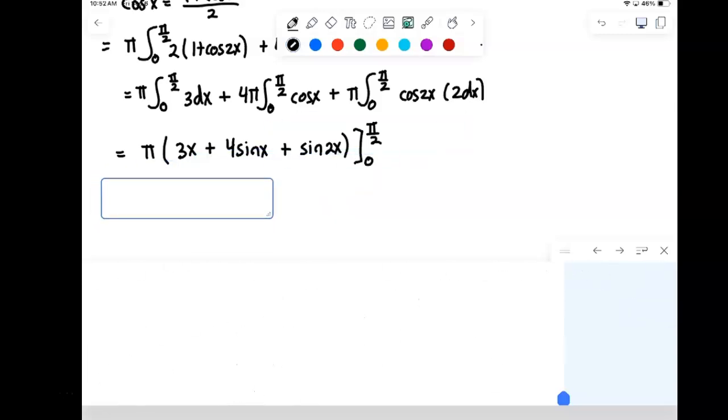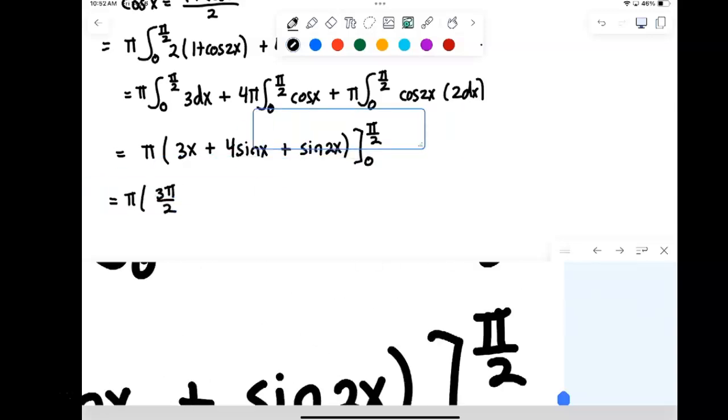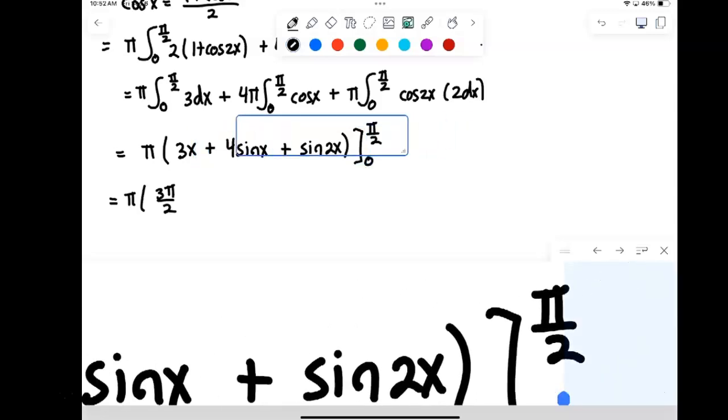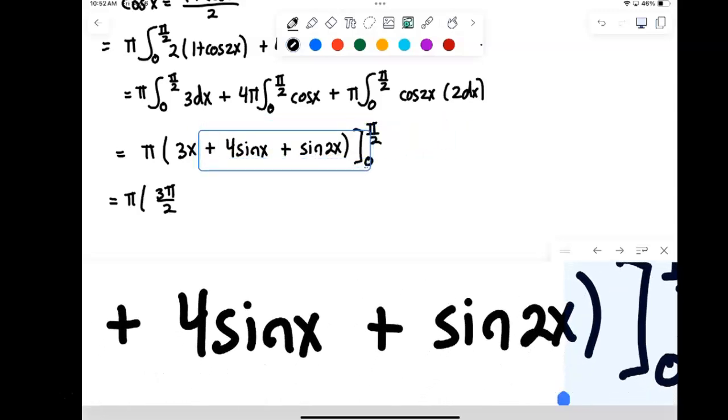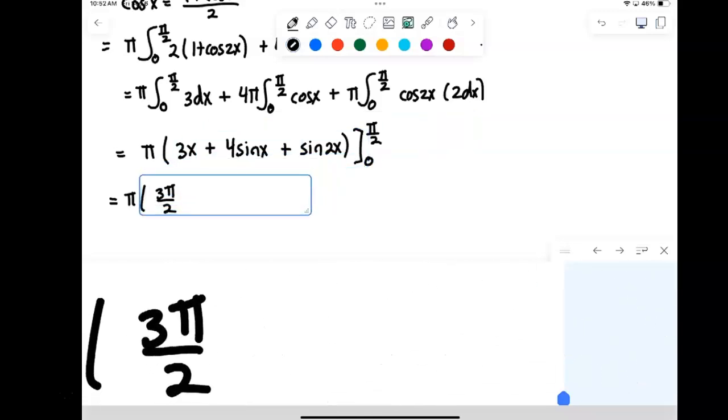Plug in pi over 2. So pi on the outside, I'm going to have 3 pi over 2. Plus sine of pi over 2, which would be 1, so 4 times 1.